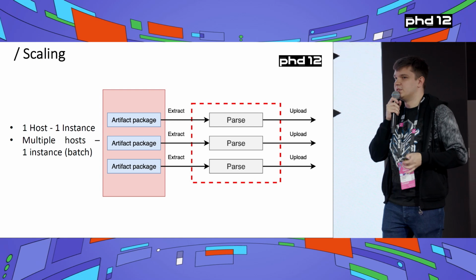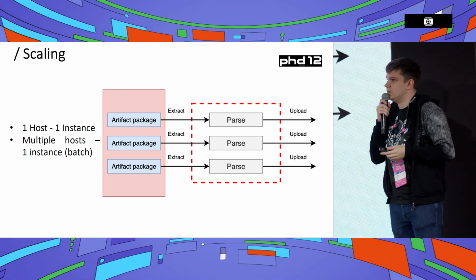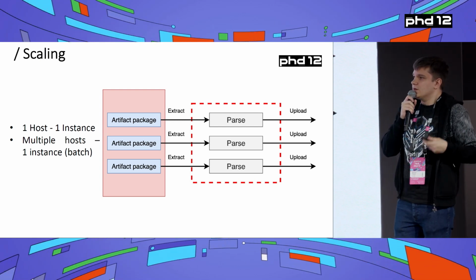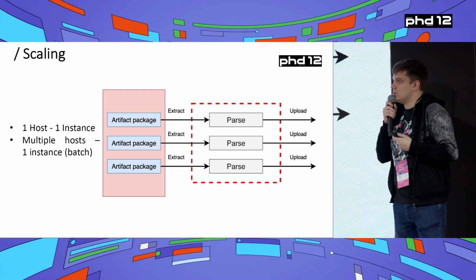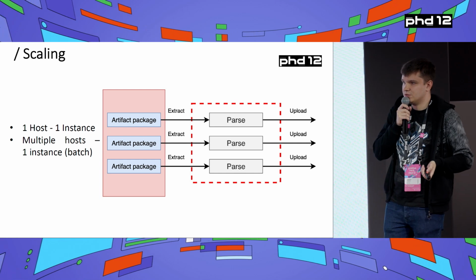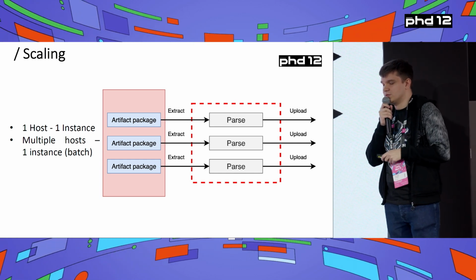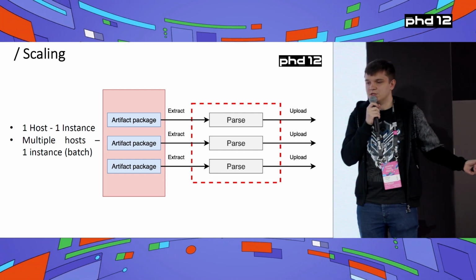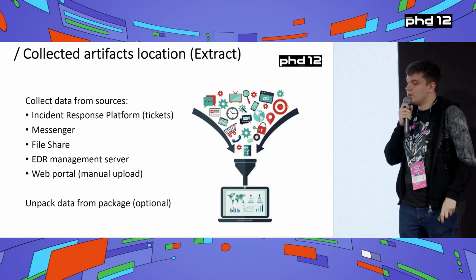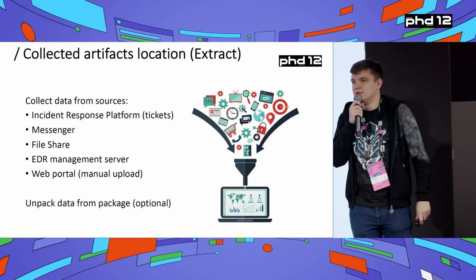Well, batches has a nuance. If you process one artifact for quite long, so if one artifact stops the pipeline, then the other ones in the batch won't be processed either.